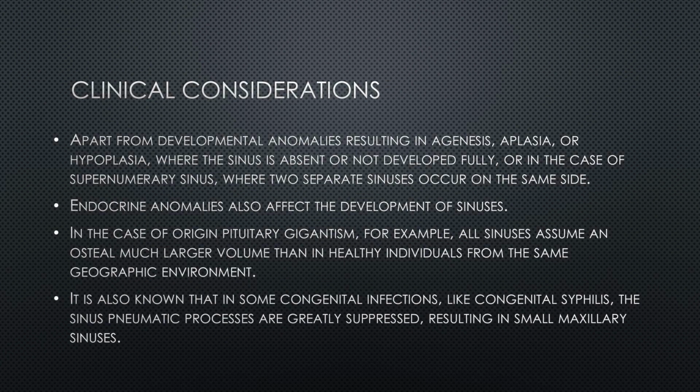Clinical considerations: apart from the developmental anomalies resulting in agenesis, aplasia, or hypoplasia, where the sinus is absent or not fully developed, or in the case of supernumerary sinus, where there are two separate sinuses, endocrine anomalies also affect the development of sinuses. In the case of pituitary gigantism, for example, all sinuses assume a much larger volume than in healthy individuals from the same geographic environment.